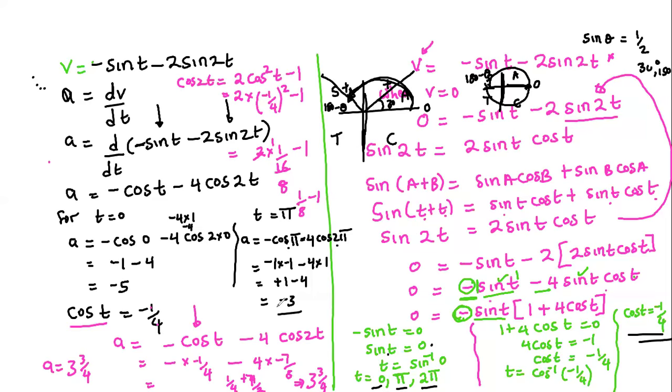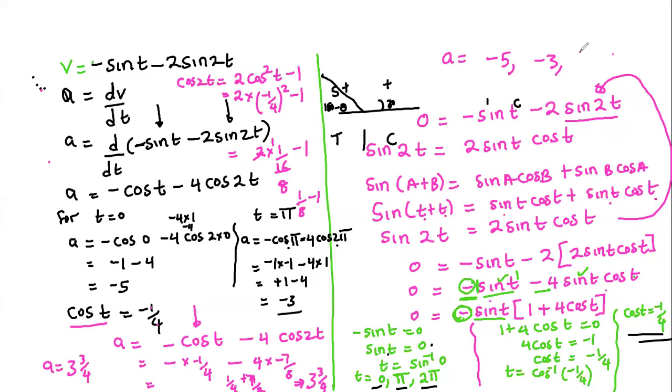So now in my conclusion, I'm going to say that my acceleration, therefore, we had our answers: -5, we had -3, but also we have had 3/4. So remember the units. Since they gave us in centimeters, I expect this to be centimeters squared.